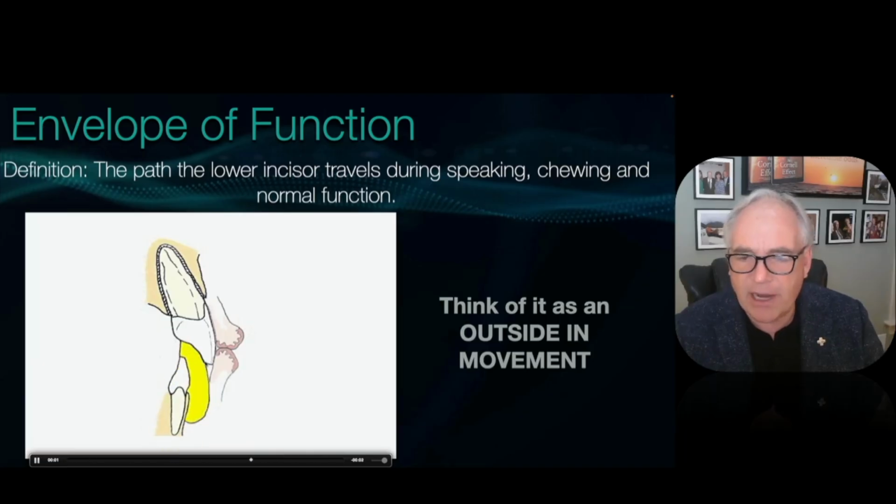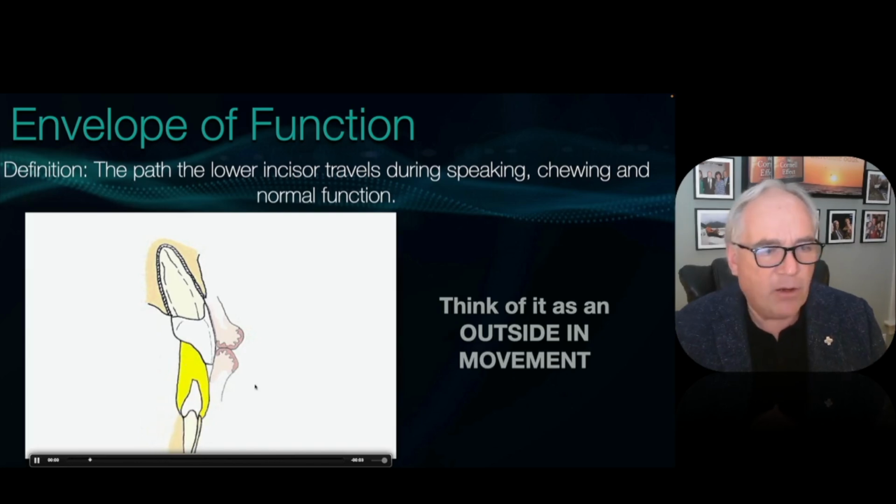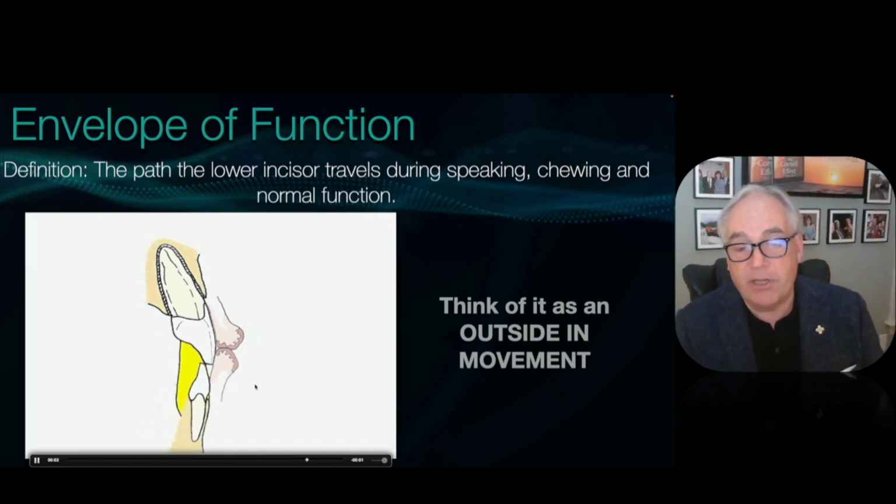So this lingual contour is tricky because it's got to be steep enough to exclude the back teeth, but if it is too steep or not concave enough or too convex, the lower incisors are going to bump as we chew and speak. And so to be clear, this lower incisor should be able to get all the way back to your centric stop without touching the upper tooth.